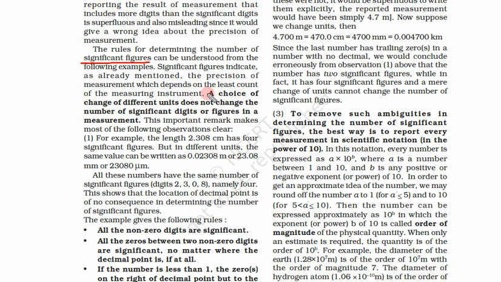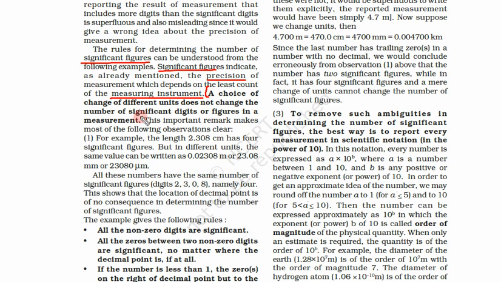So significant figures indicate, as already mentioned, the precision of measurements, which depends on the least count of the measuring instrument. Suppose we are measuring something with a meter scale or vernier calipers or screw gauge. The screw gauge will definitely be more precise, which means it will give more significant figures.